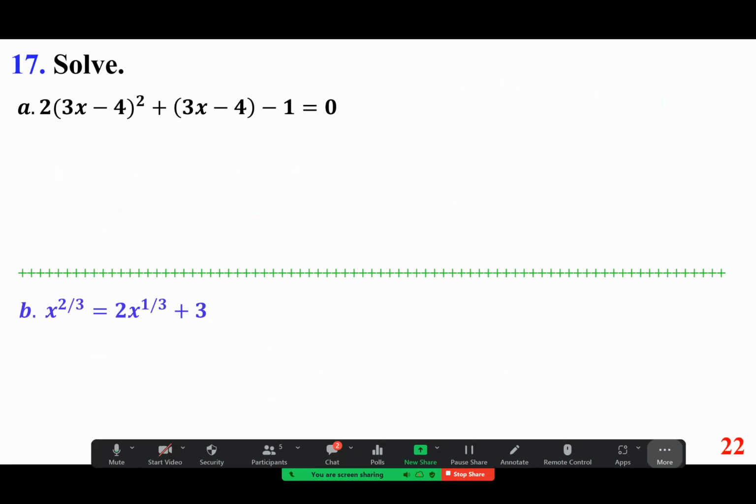We want to solve this equation, and what we can do is raise this to the 2nd power, multiply it by 2, combine them and do the math. However, since this is 3x minus 4, and this is 3x minus 4, we can do this by substitution. It's a lot faster and easier.